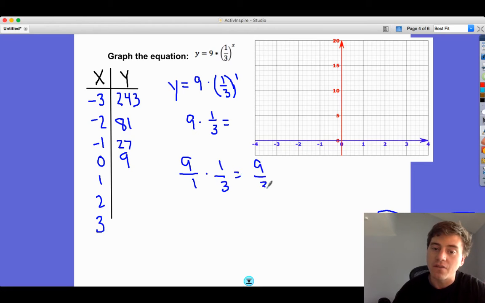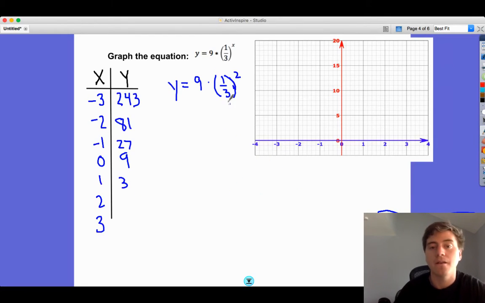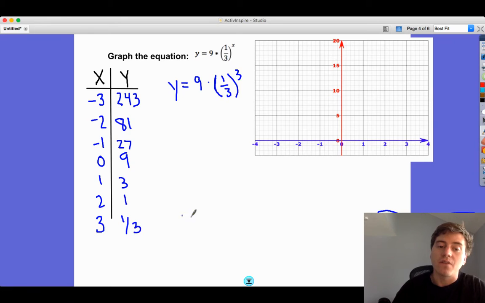That's 9 over 3. It's really like dividing by 3 here. 9 divided by 3 is just 3. That'll be our next. Then when x is 2, we'll get 1/3 squared. 1/3 squared is 1/9. So 9 times 1/9 is just 1. And then 1/3 cubed, we're going to be dividing by 3 again. So that's going to be 1/3.